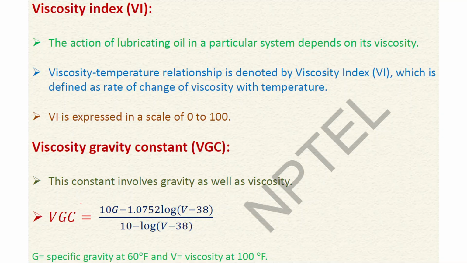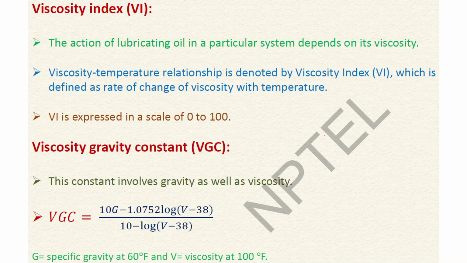So viscosity index is expressed on a scale from 0 to 100. Basically, if the viscosity index is very high, it means that if there is a huge change in the temperature, the viscosity will not change much. Lubricating oils are used in between the moving parts of the machinery.